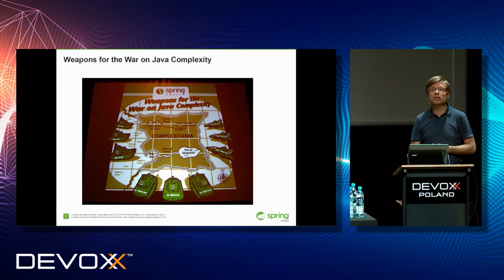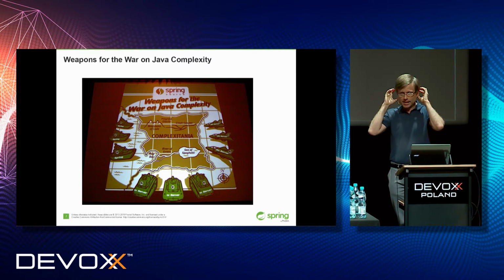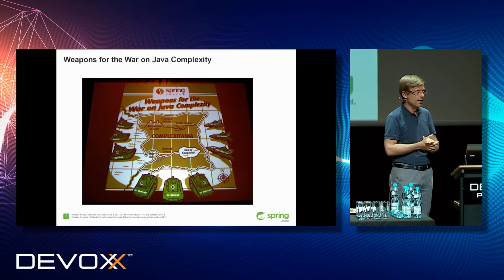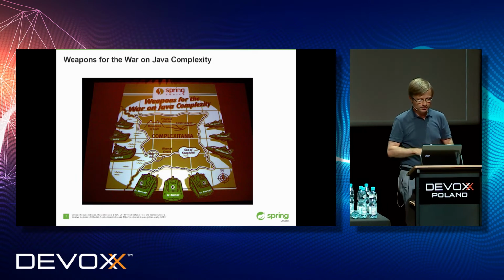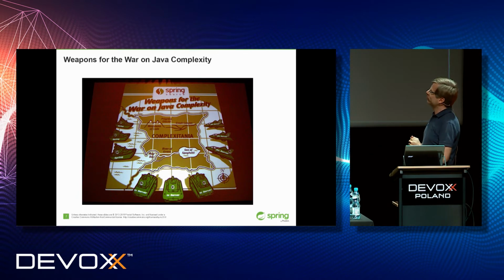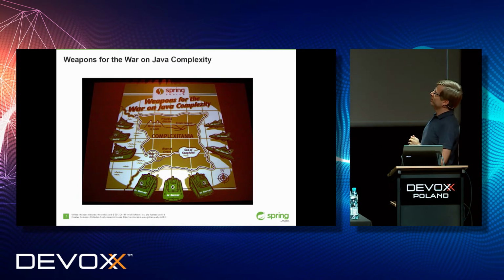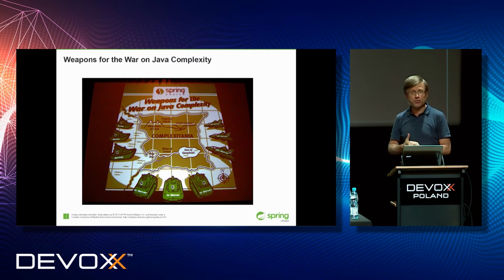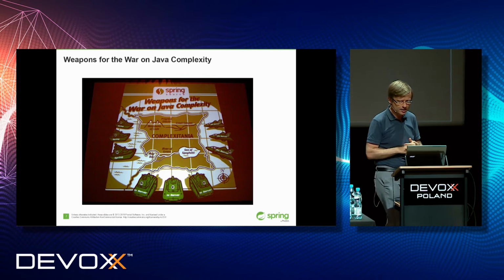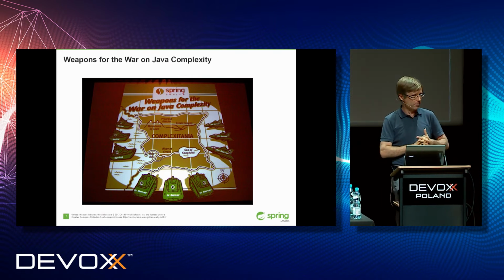And of course, as a US-based product company, you have to have corporate marketing, coming up with large-scale marketing campaigns. And this was one of them that I have fond, strange memories of. This was one of the US-led campaigns, Weapons for the War on Java Complexity.